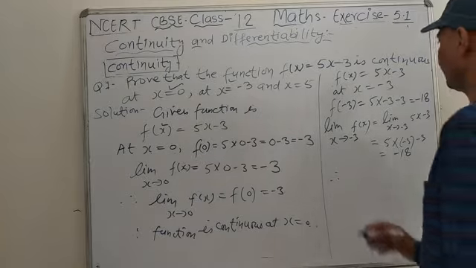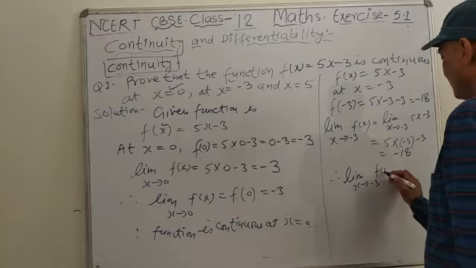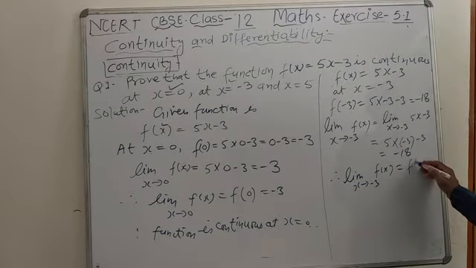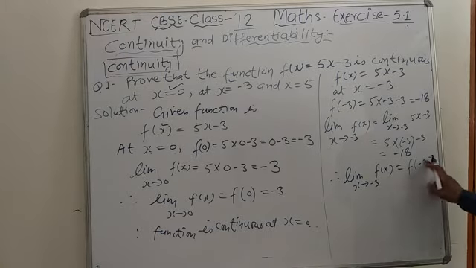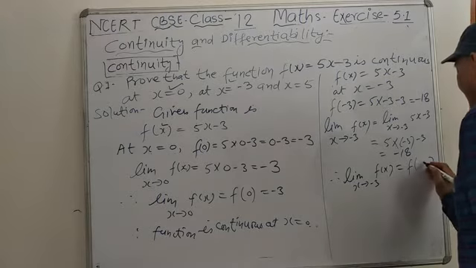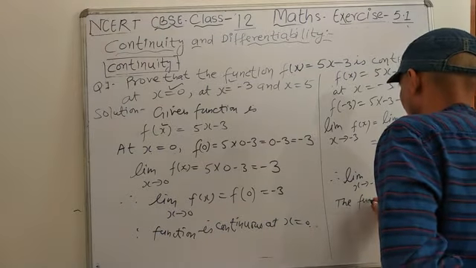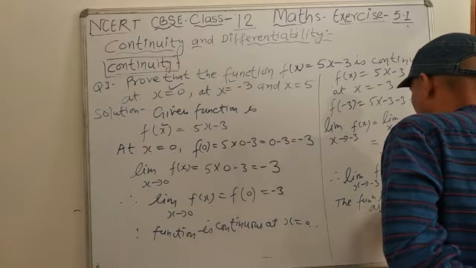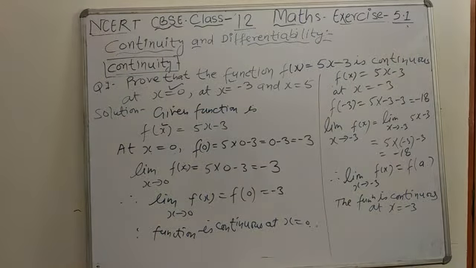So what we are getting here: the limit as x tends to minus 3 of f(x) is equal to f(minus 3). This is equal to f(a). That means the function is continuous at the point x equals minus 3. It was for x equals minus 3.